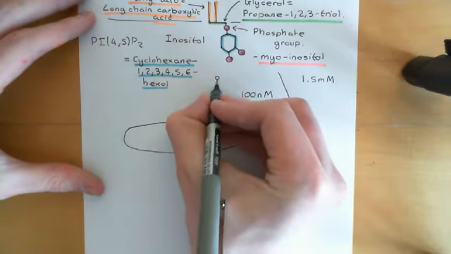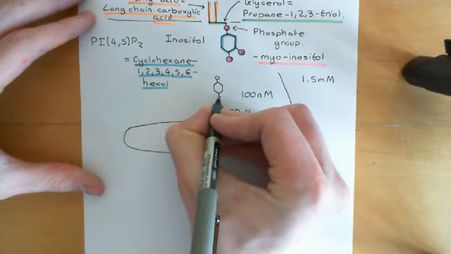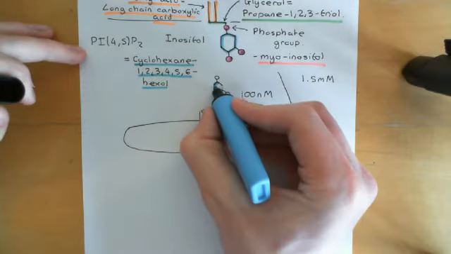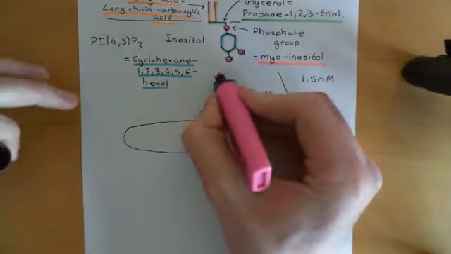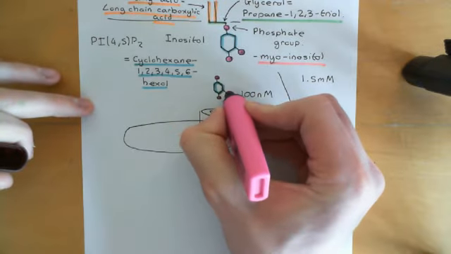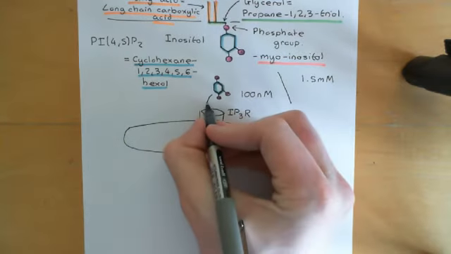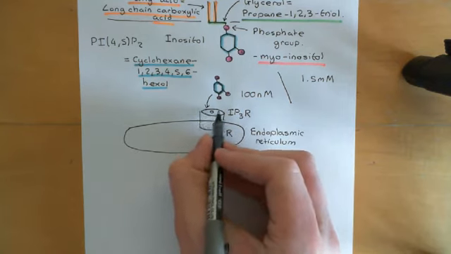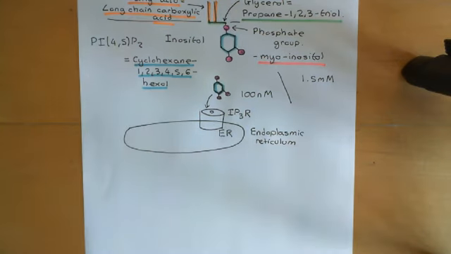So if we have our IP3 molecule here, here's the inositol ring with the 3 phosphate groups coming off the first, the 4th, and the 5th carbons. So here is inositol, and here are phosphate groups. IP3 molecules can bind to the cytoplasmic aspect of the IP3 receptor. In fact, there are 4 binding sites for IP3 on the cytoplasmic aspect of the IP3 receptor.